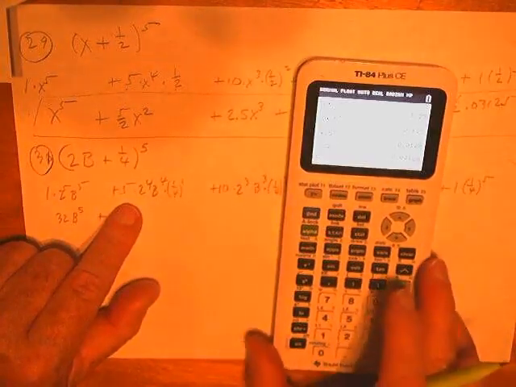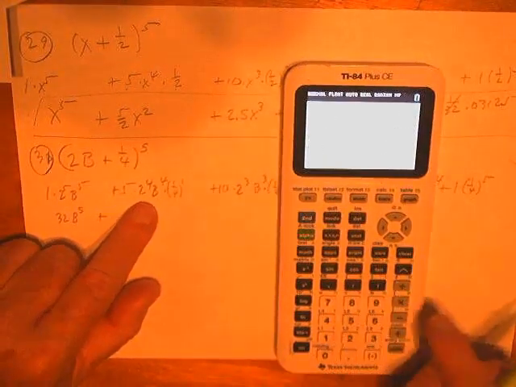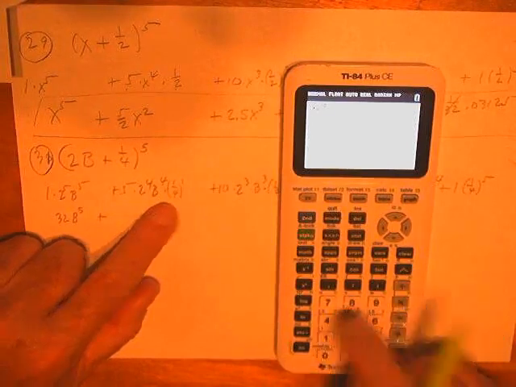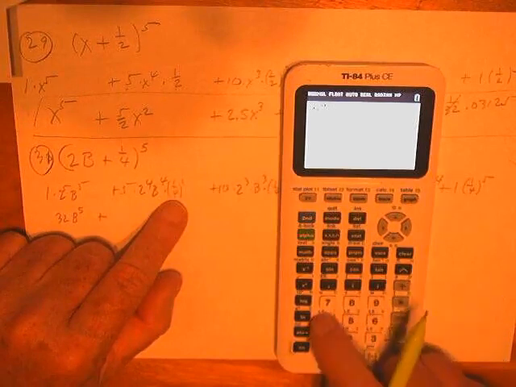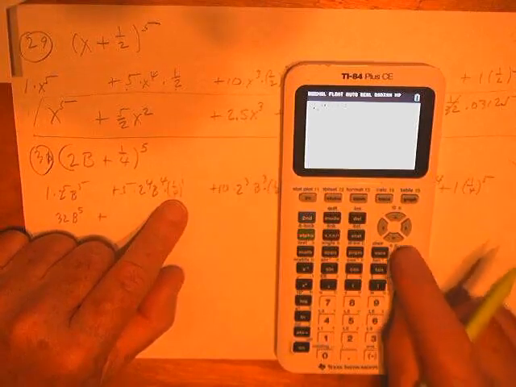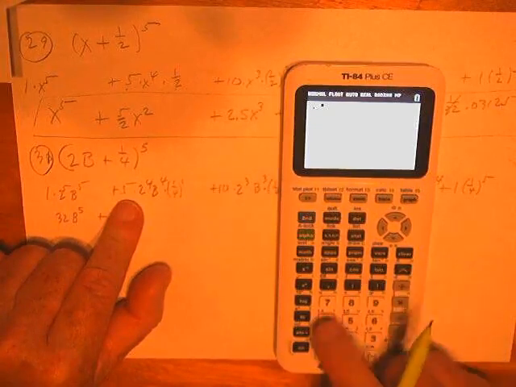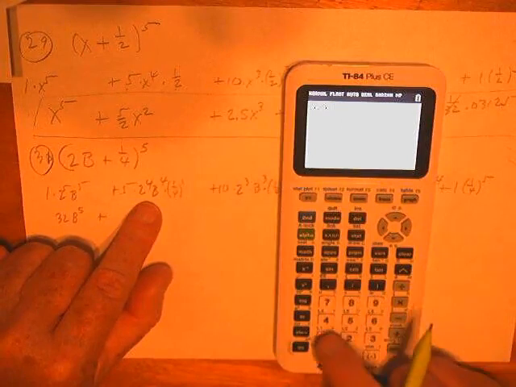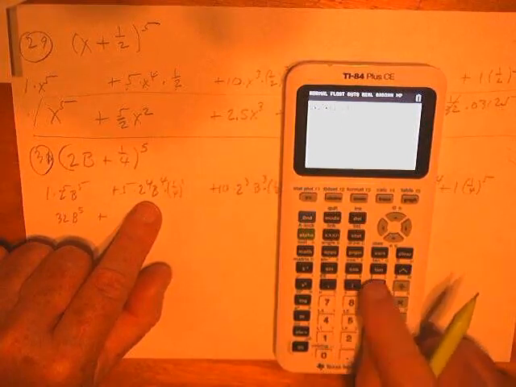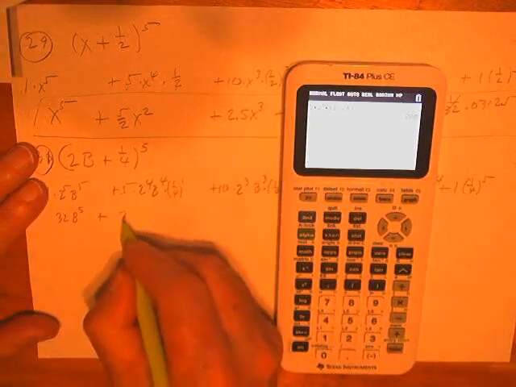Do yourself a favor, just be easy. 5 times 2 to the 4th times 1/4. I forgot the right arrow. 5 times 2 to the 4th times 1/4. 200.